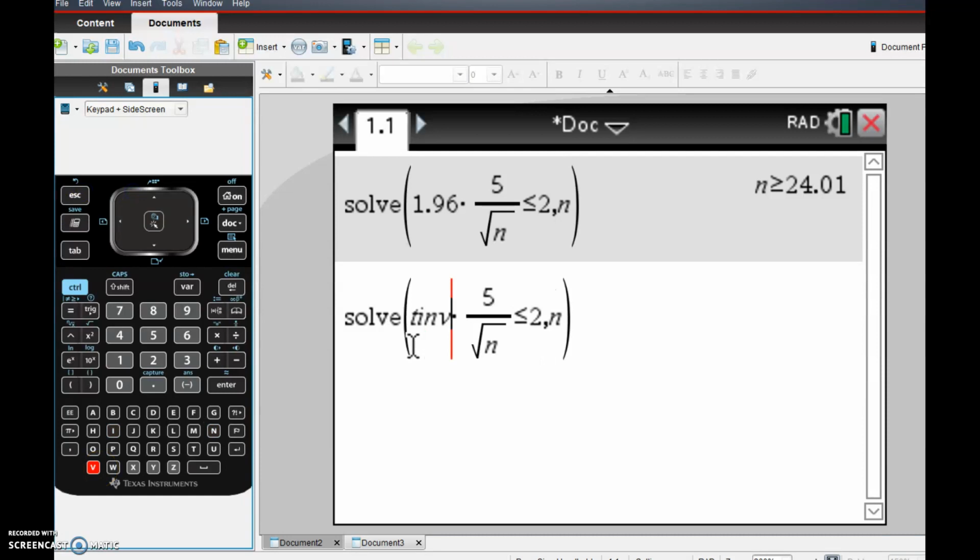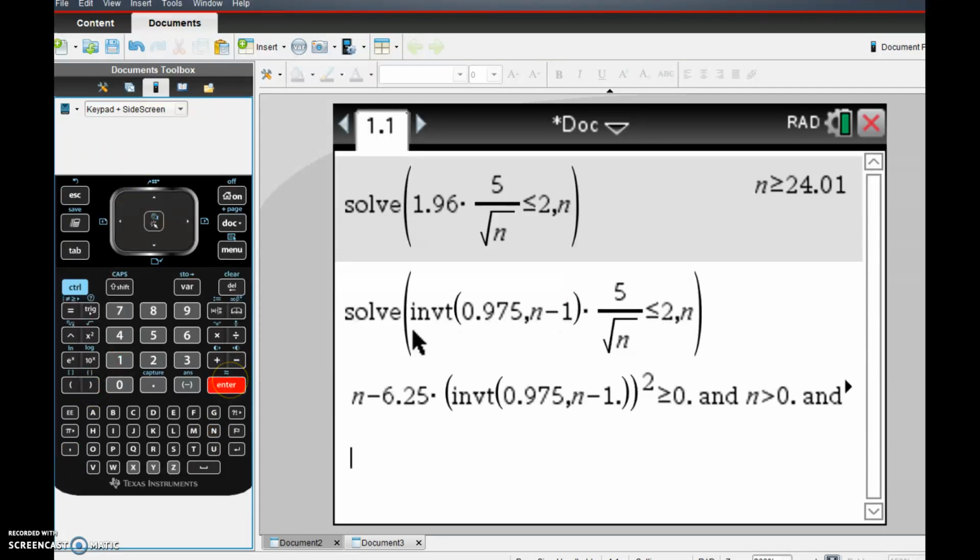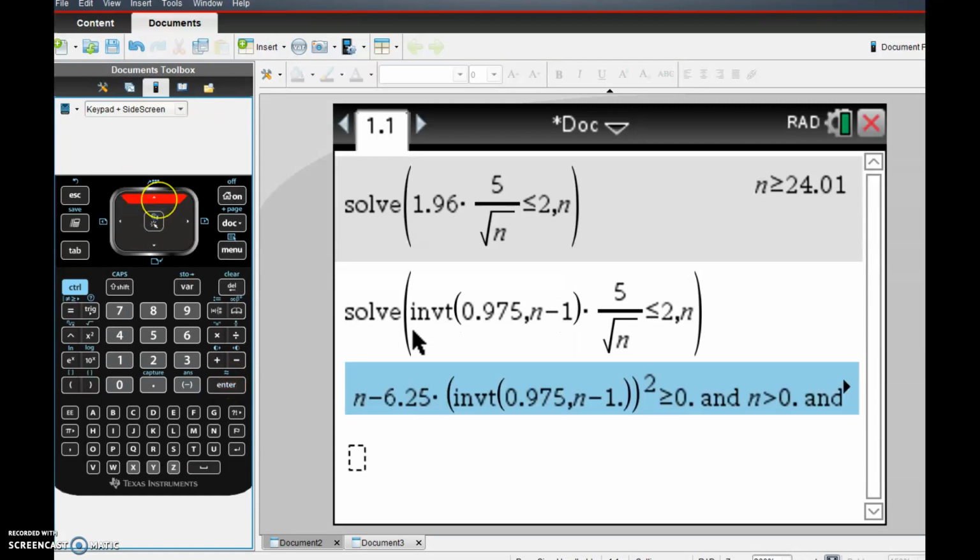Why is it not recognizing it? Is it inverse t? Inverse t 0.975 comma n minus 1 degrees of freedom. Now if I hit enter, it does something, but that's craziness.